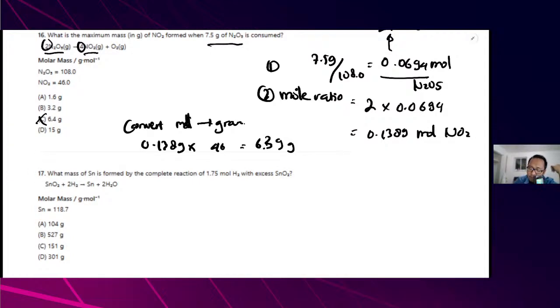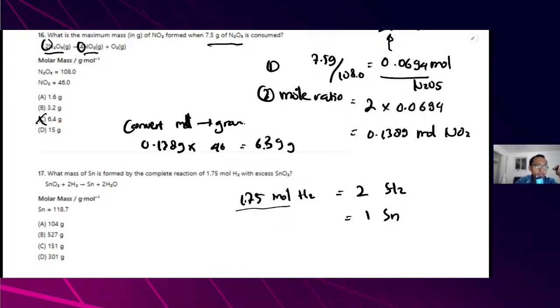So if we have 1.75 mole H2, how about Sn? As you can see, the coefficient of H2 is 2, and for Sn itself, it's just 1. Regarding this information, we know that if 2 produce this many moles, how about 1?